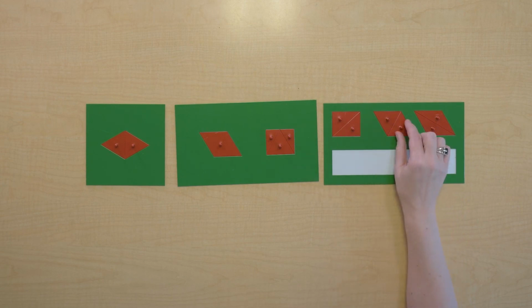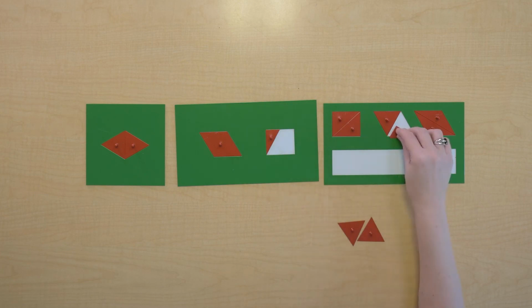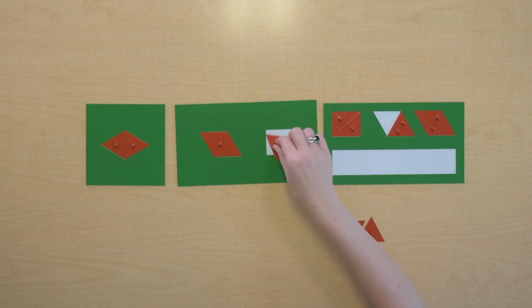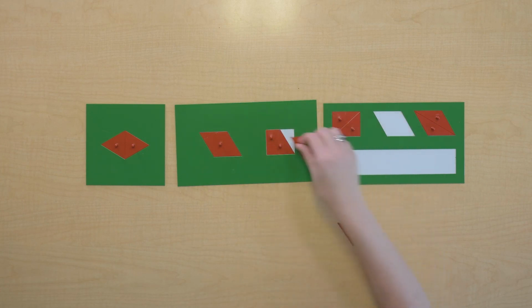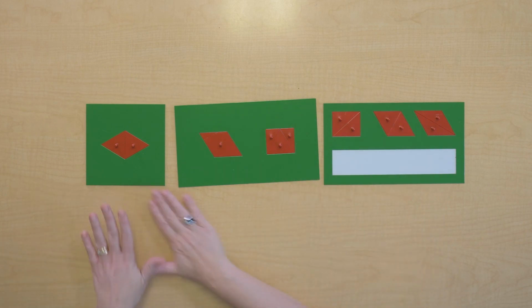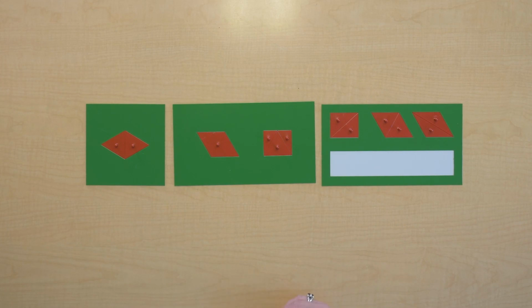And it's equivalent then to this rhombus. And we've shown it's equivalent to that rectangle. So that means that all these rhombuses and rectangles are equivalent.